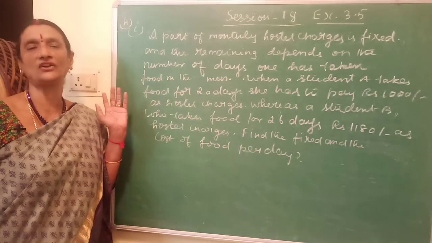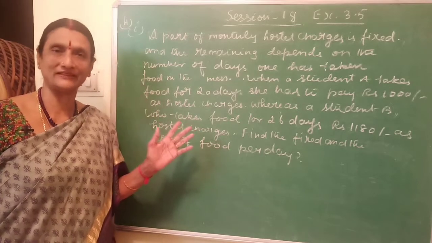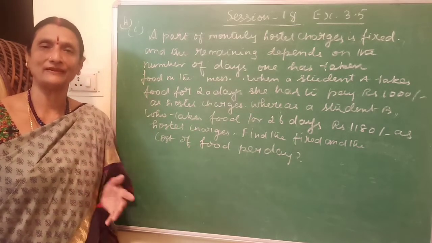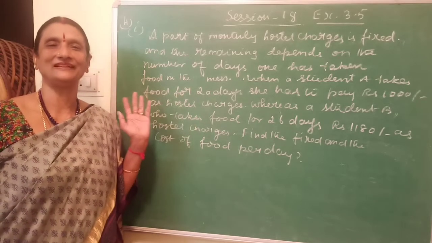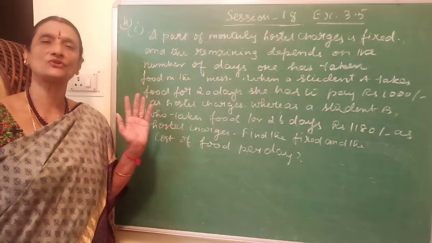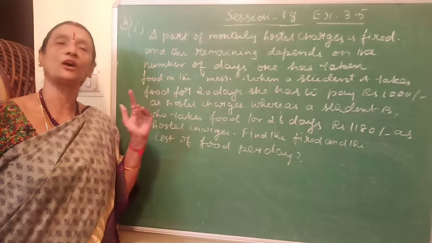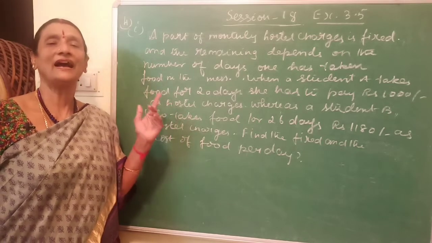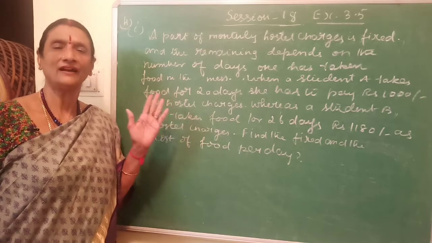Whatever method you want to adopt, you adopt that method and write. Some may try substitution method, some may try elimination method, some may try formula method. Now I am going to try formula method because we have done enough for those two methods. So I am going to do it in the formula method. Afterwards you work out in the other two methods also and try to find out all the three answers are the same. Okay, is that clear?